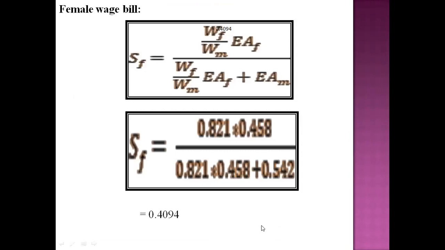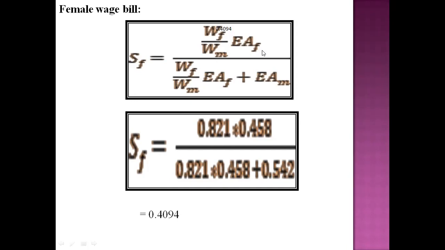Now we will calculate the female wage bill. SF equals, we have already discussed this formula. WF and WM are the wage of female and male, and that ratio is 0.821, as already discussed.